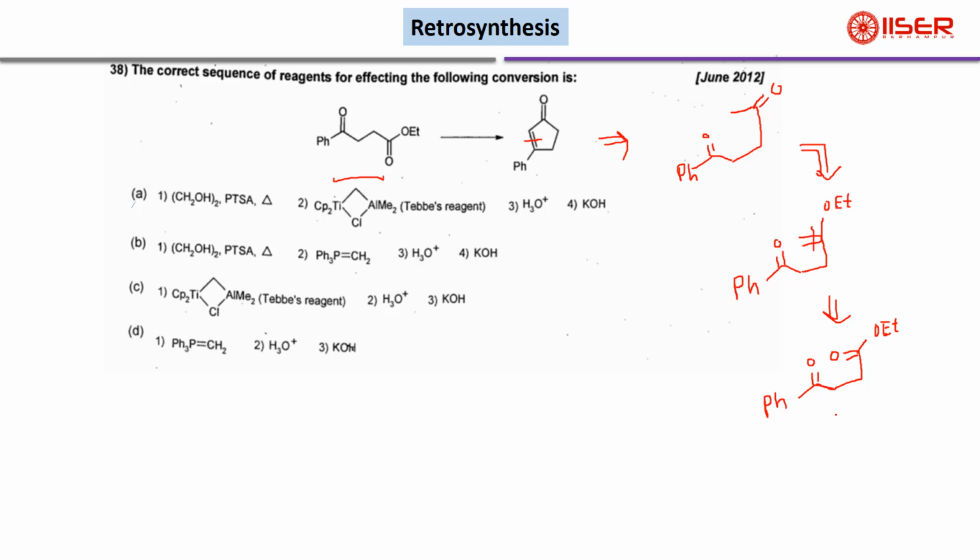Okay. So now let's draw the forward synthesis of this one. Between these two, ketone and ester, which one is more electrophilic? Obviously this one, the ketone. Now, to get a product from this ester molecule, we first have to protect our ketone.